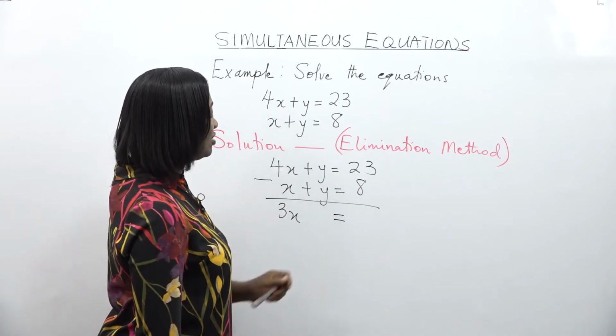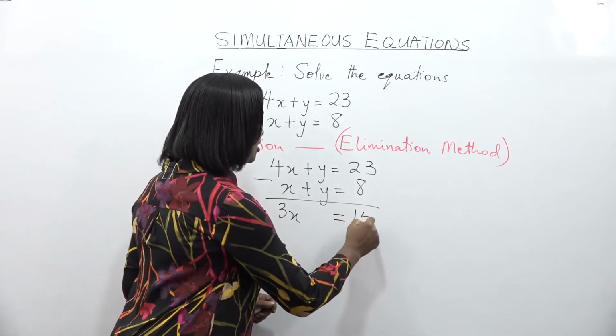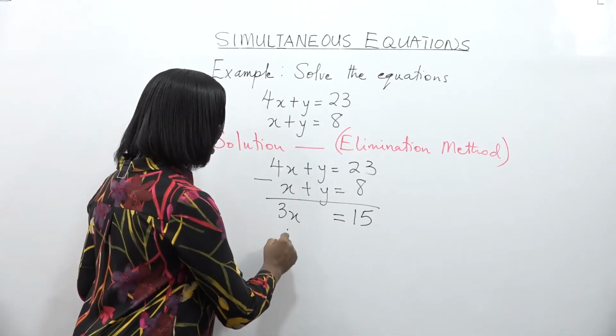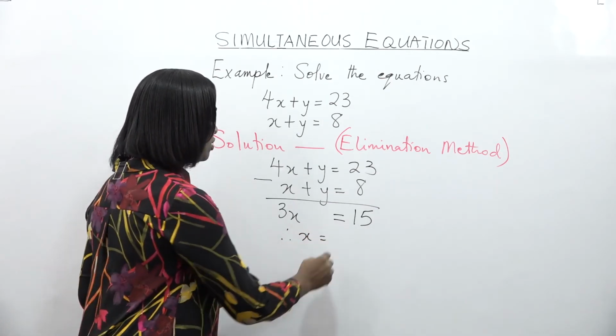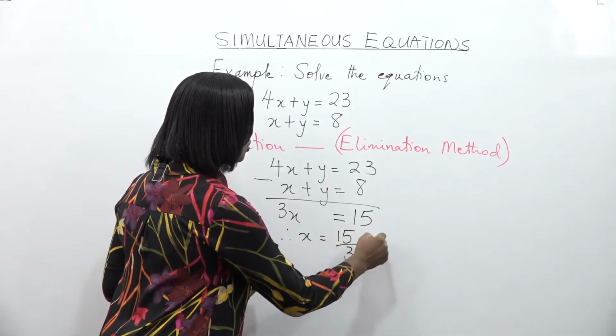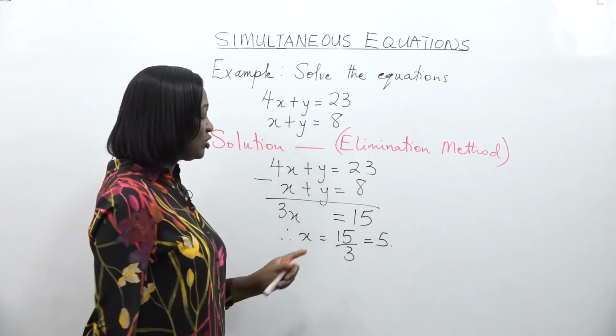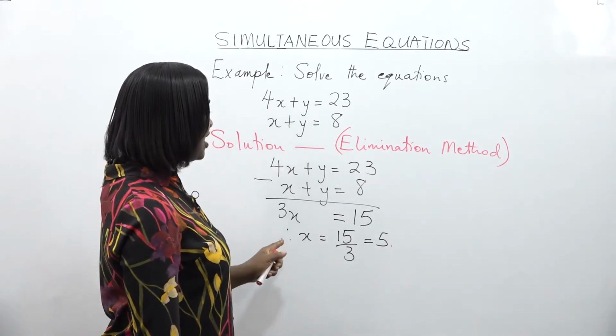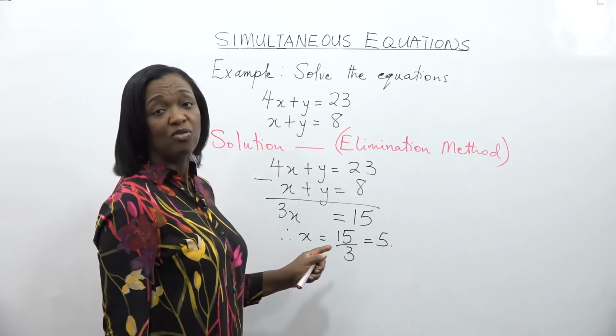And 23 minus 8 is 15. We can then solve for x. Therefore, x is equal to 15 over 3, which is equal to 5. So here we have found the value of x. The next step would then be to find the value of y.